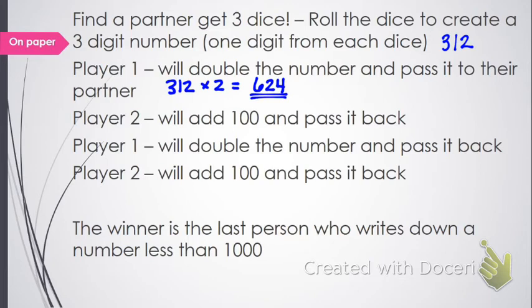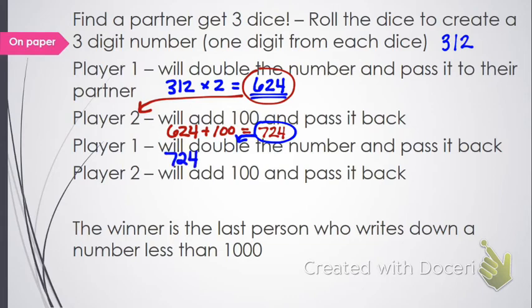I'm going to take that and give it to player 2. So player 2's number is now 624. What does player 2 do with their number? Add 100 to it. So that would give them what? 724. Then player 2 says, cool, let me give that back to player 1.